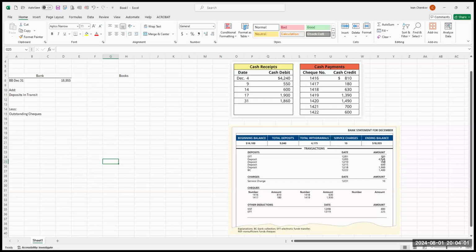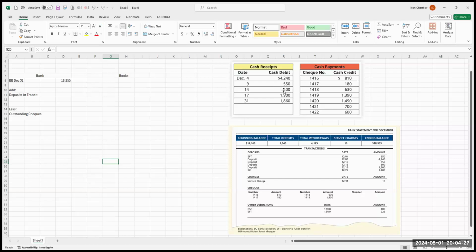It's already been deposited. Second one, on December 9, we have deposited in our books $550, which was deposited in our bank account. So that deposit is not in transit, it's already been deposited in the bank. Next deposit in our books is for $600, and if you check the bank, we have the same amount deposited in our bank account.